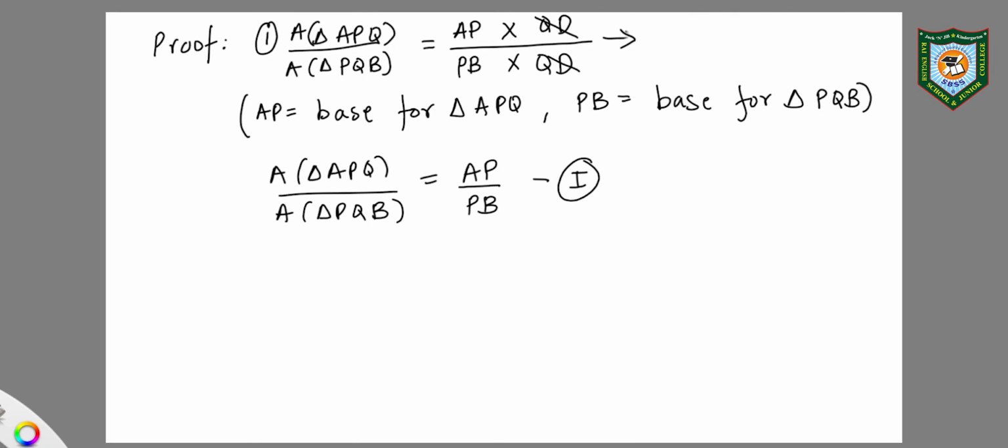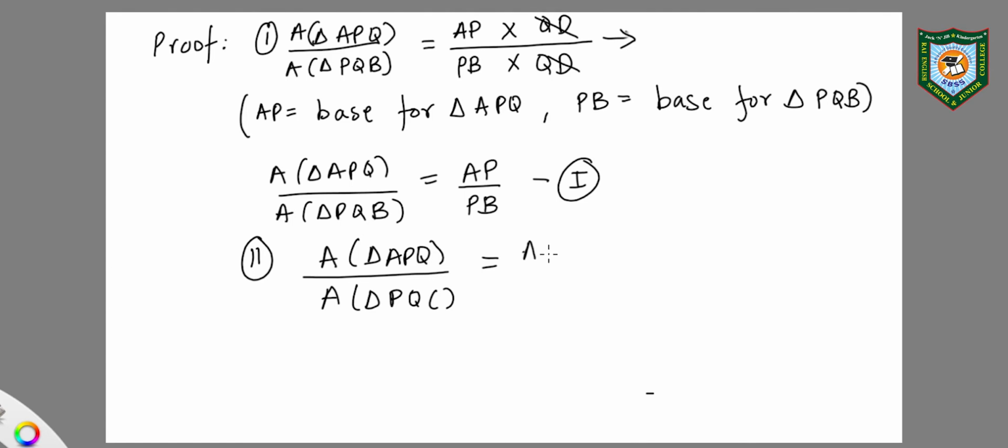Now similarly I'm going to take a second case. In this I'm going to take two triangles, area of triangle APQ, and now as I took PQB in the first condition, I am going to take PQC in the second condition, area of triangle PQC. Now here again I'm going to assume that the base is AQ, and for triangle PQC the base is going to be QC.